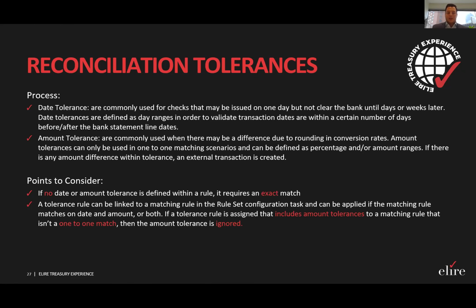Ultimately, the point we want to make with this line is that if a tolerance that includes amount tolerances is assigned to a matching rule that isn't a one-to-one match, the amount tolerance is ignored. So what we're able to define are these matching rules at a one-to-one, a one-to-many, a many-to-one, or many-to-many level. And so only amount tolerances at that one-to-one level are applied.